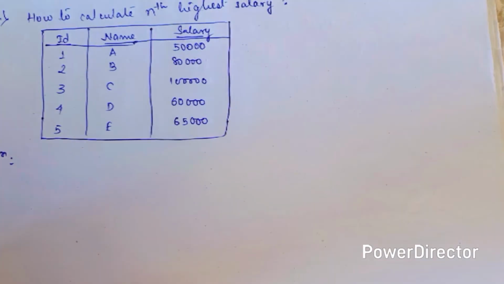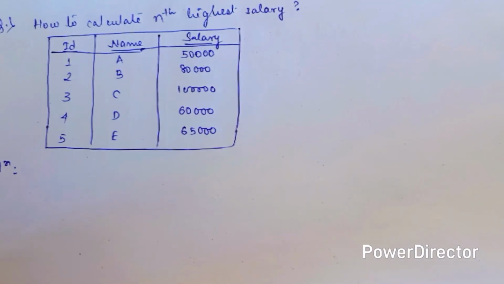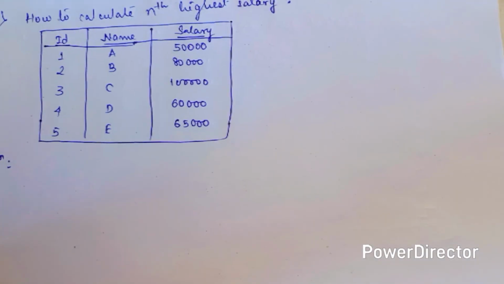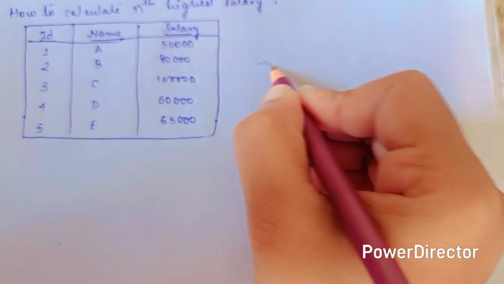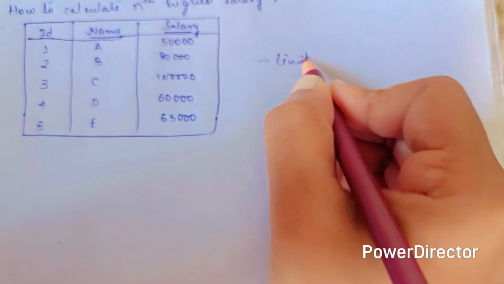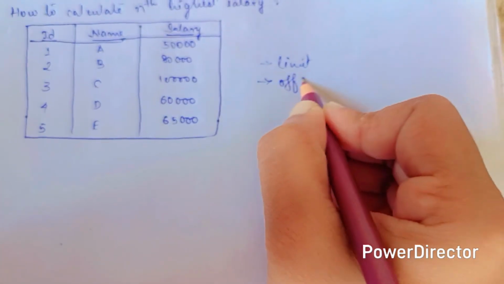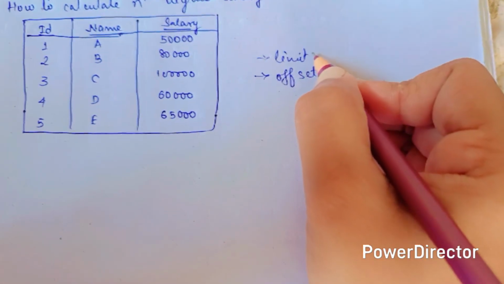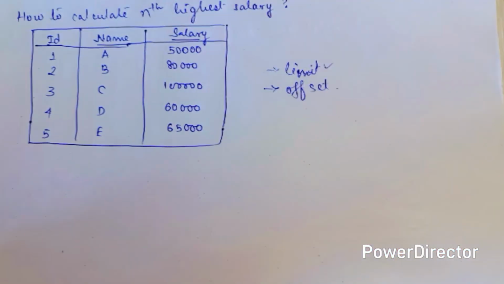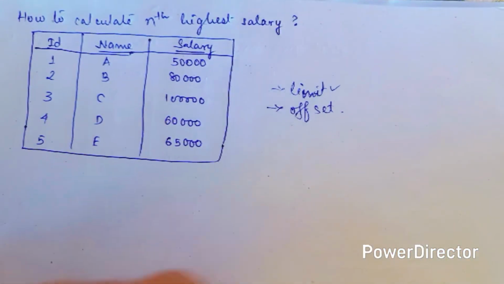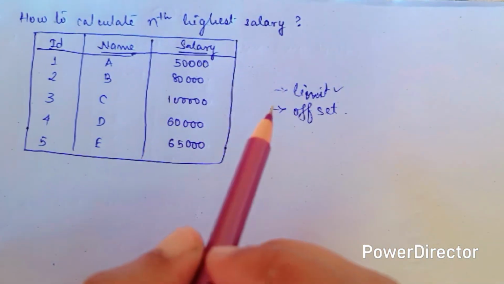So we are going to learn about two functions which will be useful to calculate the nth highest salary. The first one is limit and the second one is offset. As the name suggests, limit means it will limit the records to be shown. What does it mean?